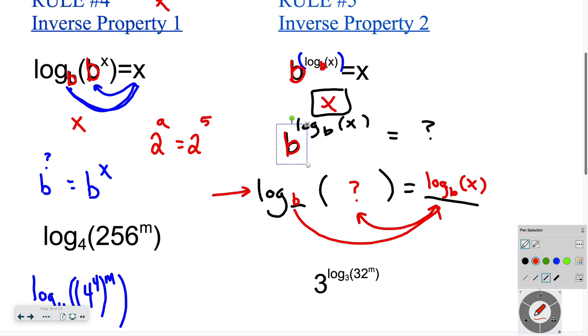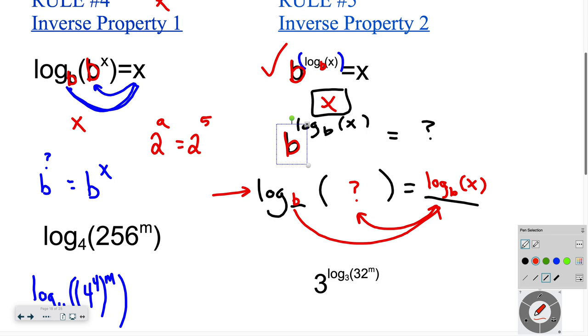If log base b of some number, which is the question mark right now, is equal to log base b of x, then the arguments must be equivalent to each other. So the question mark must be x. So this is just a way to help justify why this property breaks down to x, which is the argument of the logarithm written as an exponent.